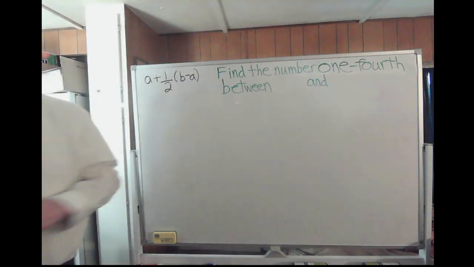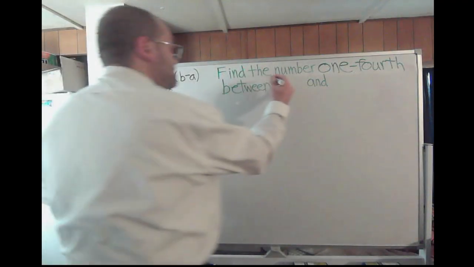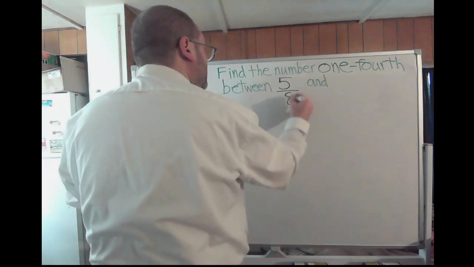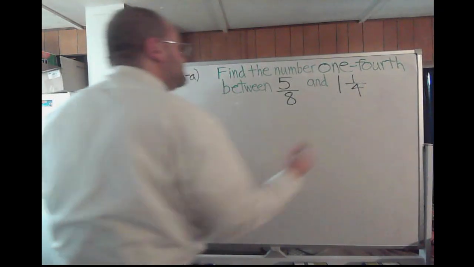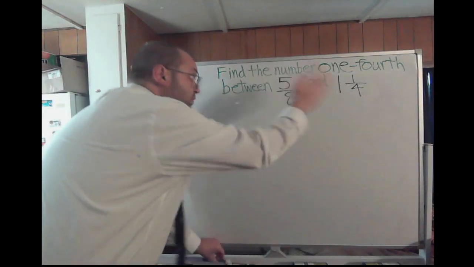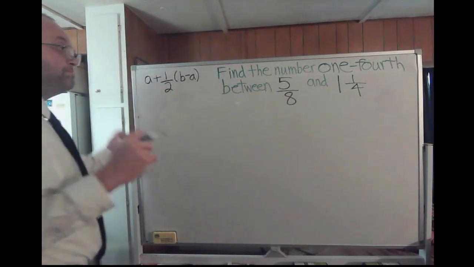Those two numbers that they've assigned to us are 5/8 and 1 1/4. So we are being asked to find the number that is 1/4 of the way between 5/8 and 1 1/4, right?